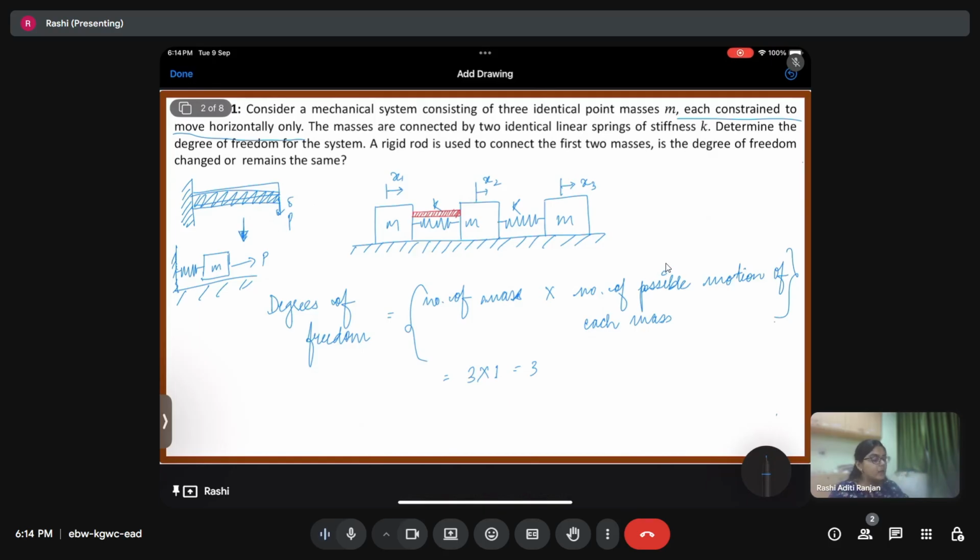But then there is one more way of defining the degrees of freedom.